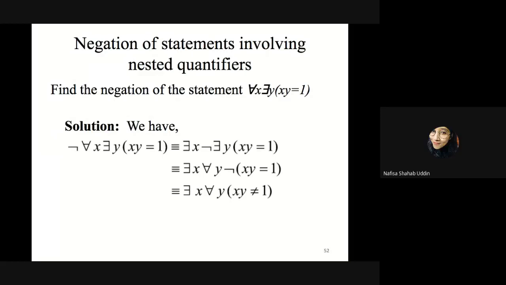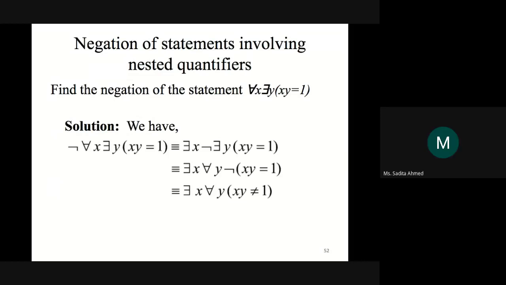Miss, what happens if it's 0? Like if it's 1 by 0? Is 1 by 0 a real number though? No, but if x is 0, then what happens?